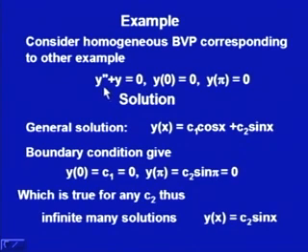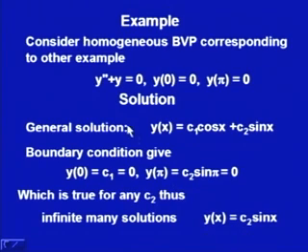In the first example, I had y double dash plus 3y, and here I have y double dash plus y, that is, the coefficient of y has changed. In the first example, we got that the boundary value problem did not have any non-trivial solution, and in this one we have a non-trivial solution, rather infinitely many solutions.